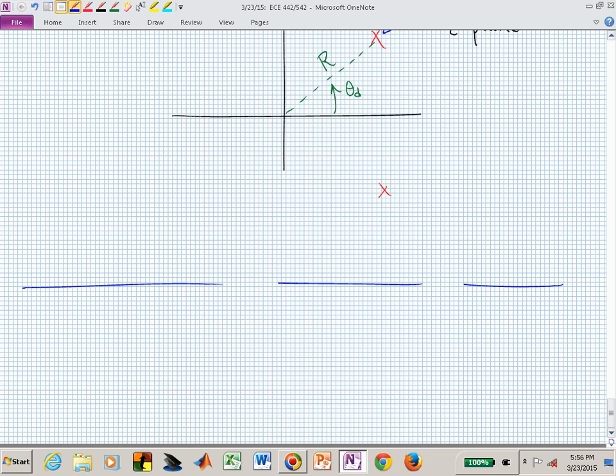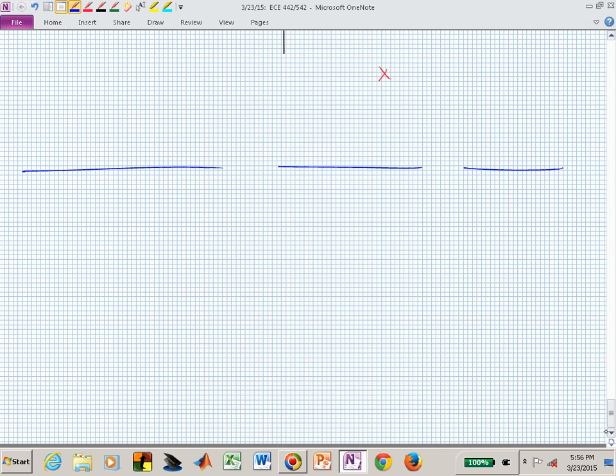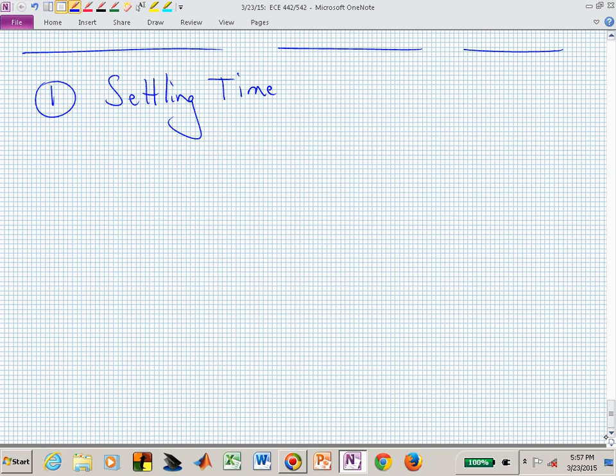Maybe we'll look at some of those and come back and chase. So we'll just kind of work our way through this. Let's look at the settling time specification first.